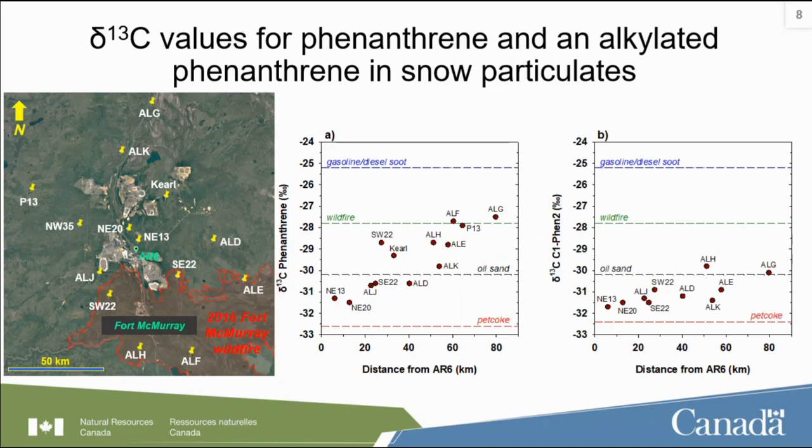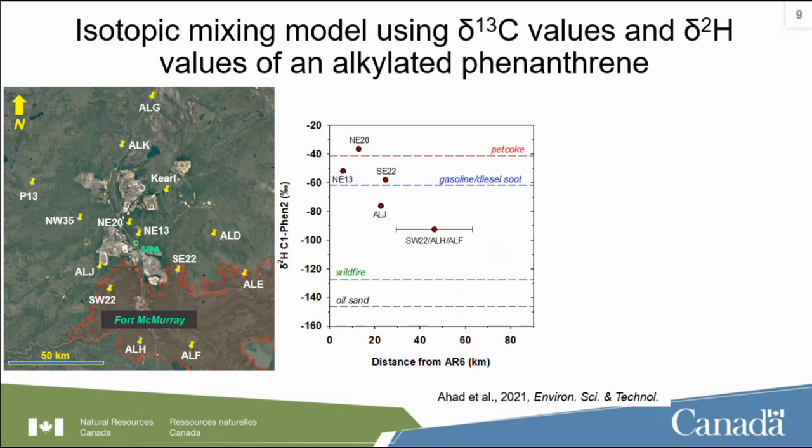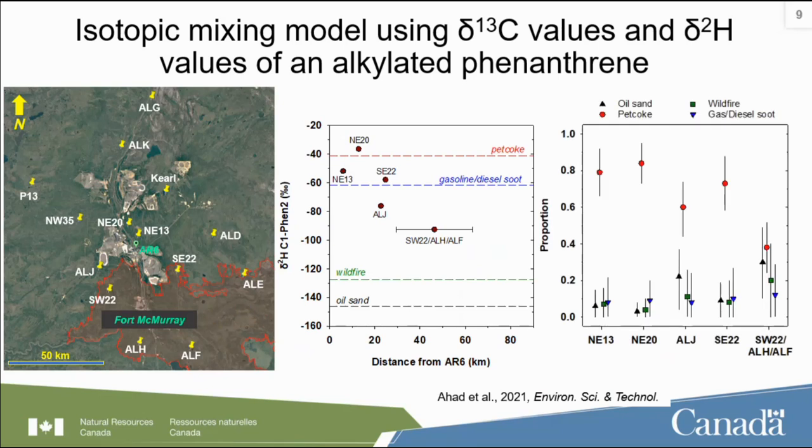It gets more towards gasoline, wildfire, and further away from petroleum coke and oil sand. If you then put deuterium into the mix, you get into that fingerprint space that I showed you before, and then model the end member distributions.